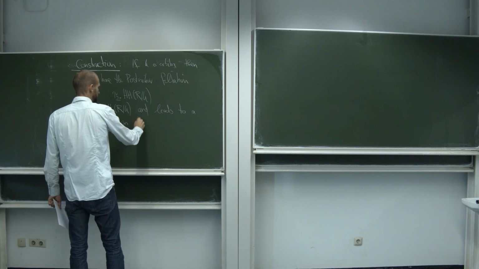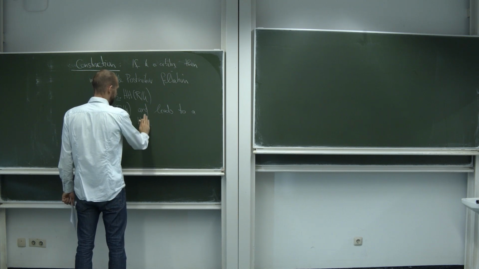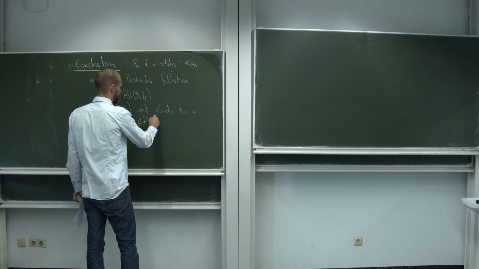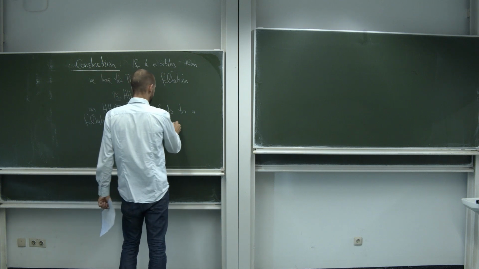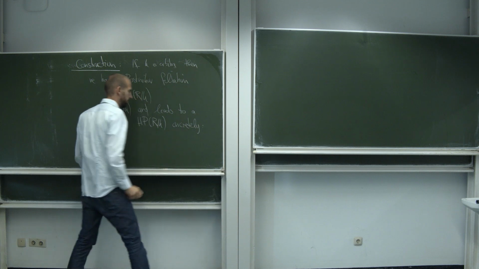on HC minus, and maybe I concentrate on the case of periodic homology for expository purposes, HP(R/K), which is concretely given, what does this look like?